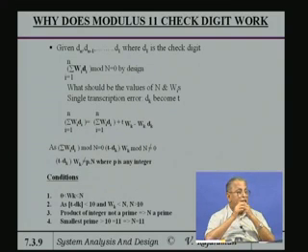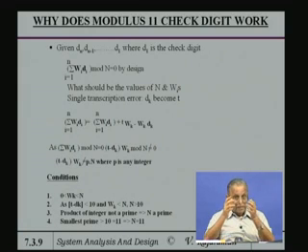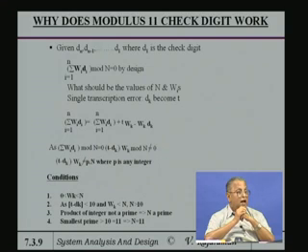Okay. And that is done by just looking at, suppose there is a single transcription error and dk, the kth digit, becomes t. Now sigma wi di becomes sigma wi di plus t wk minus wk dk, because sigma wi di already has got everything in it, and because dk became t, this is the extra term which is added.